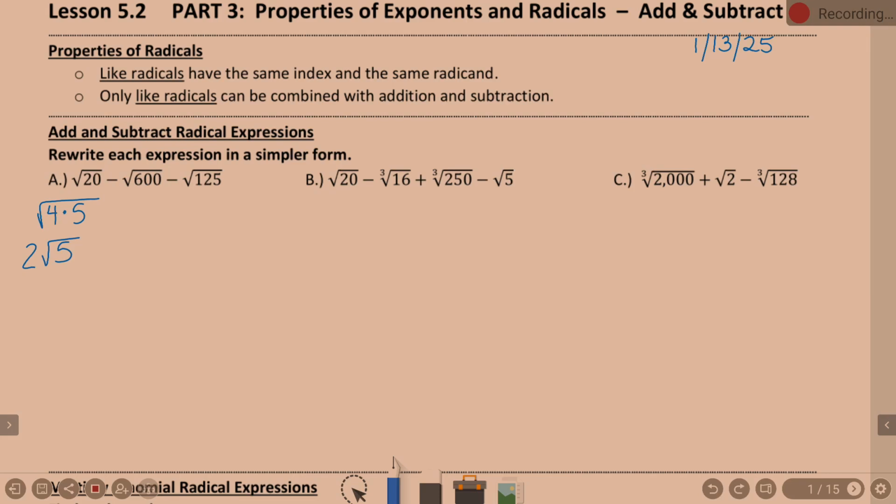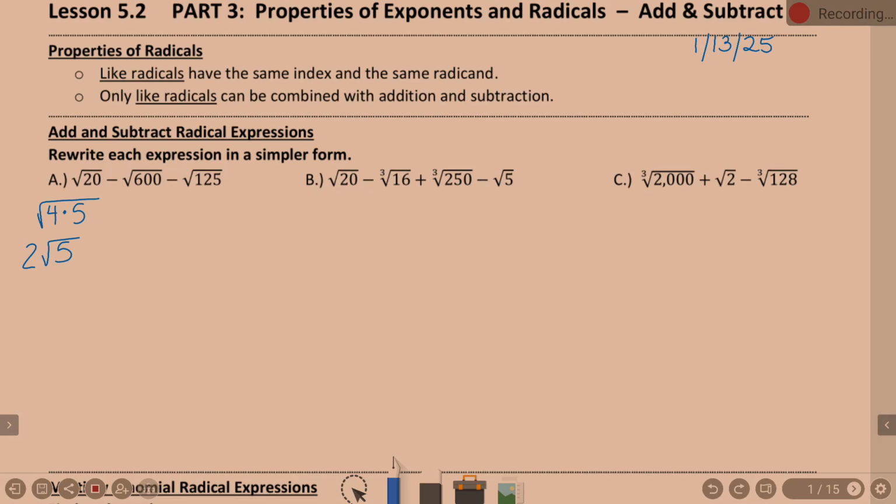Square root of 600. As I said, have a calculator by your side if you need to divide any of them. Scan your blue paper. 600, there's an obvious one in my brain, but that's my brain, not your brain. 600 would divide by 100, yes? It also divides by 25. It also divides by 4. But I want to go big.